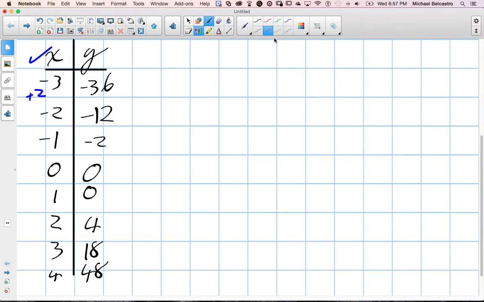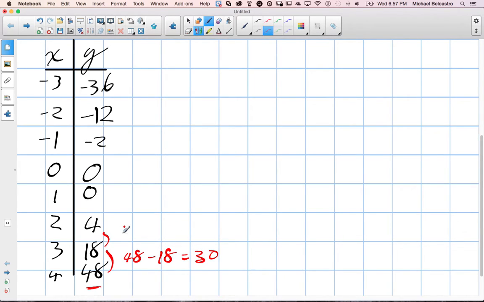Y's. We need to find the finite differences. It's probably easiest if we start from the bottom and work our way up, continuously subtracting. So our very first difference: we take 48 and subtract 18 and end up with 30. Great.